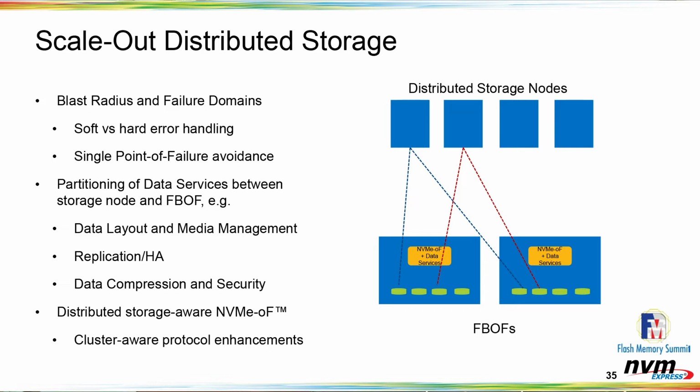But if an entire JBOF fails, and you may have an HA-capable JBOF, so you reduce the possibility of its failure, but if it fails, it can take out a lot of nodes. More importantly, there's more probability of soft errors, because you have the network in between. There could be jitter, things that cause the storage software running in the service nodes to think that the media is behaving badly.